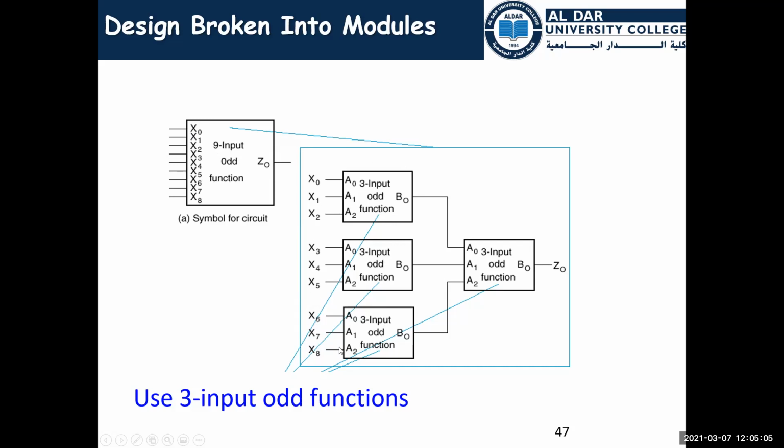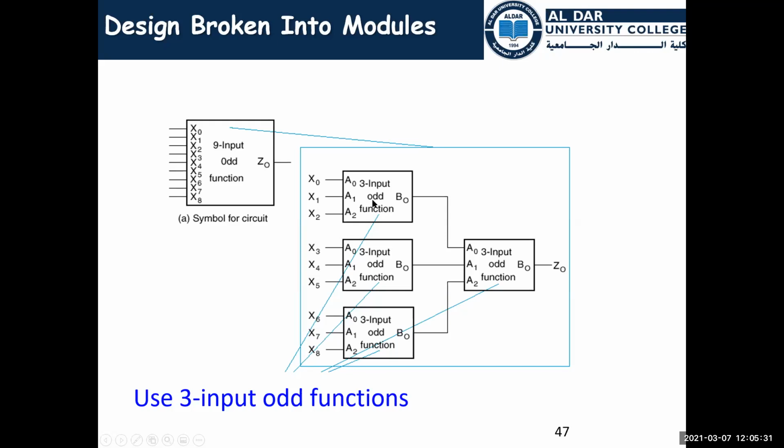This part has 9 by 3 odd functions. Then I get another one to collect the outputs of the three circuits, and then I come up with the final decision about the comparison between those variables.